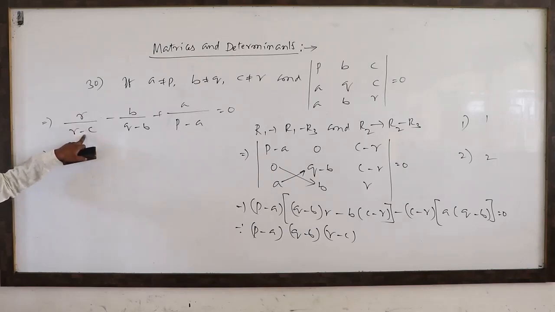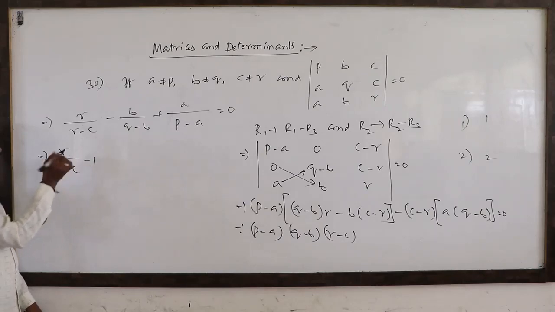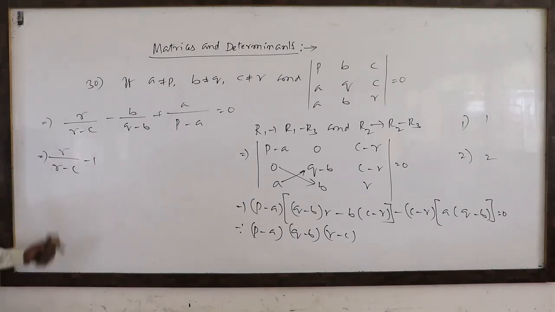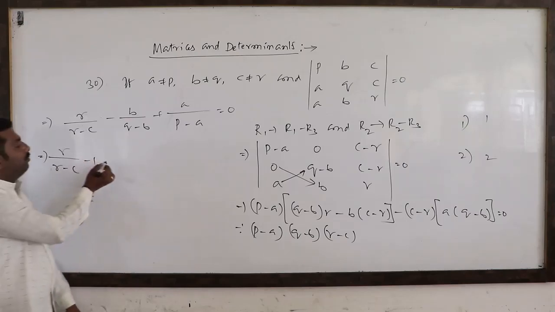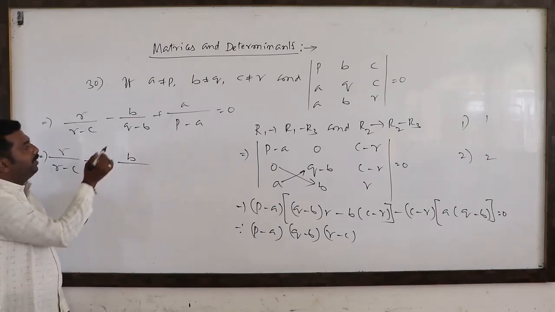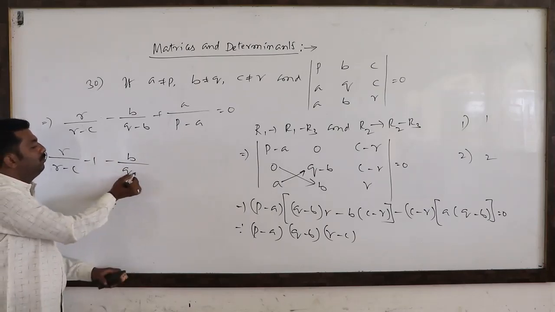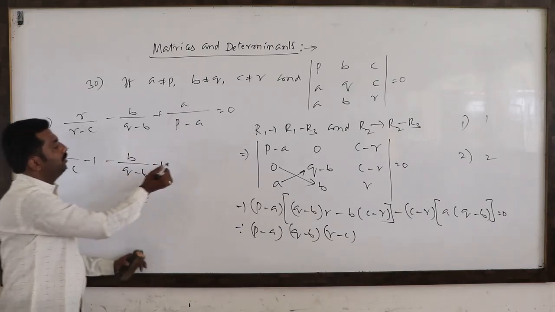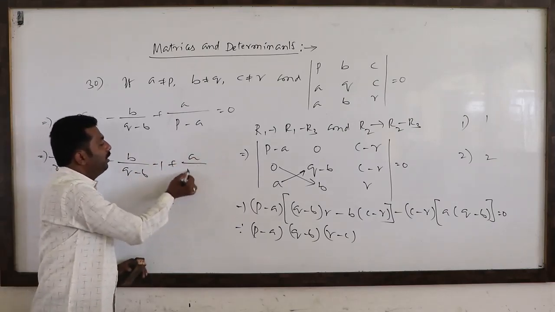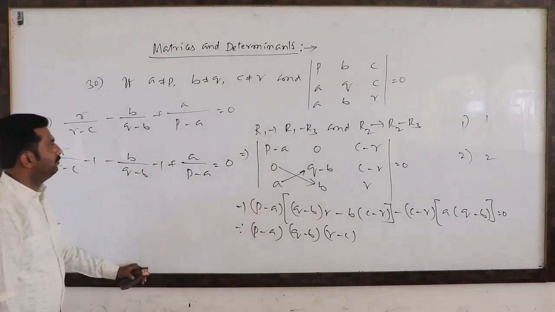So plus 1 we are adding means, see here: R by R minus C minus 1, minus B by Q minus B minus 1, plus A by P minus A equal to 0.